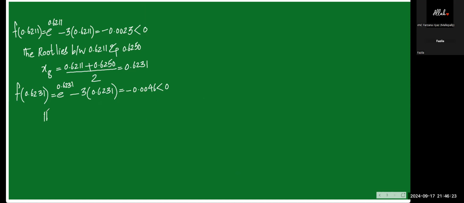The root lies between 0.6231, the first one being replaced, and 0.6250.